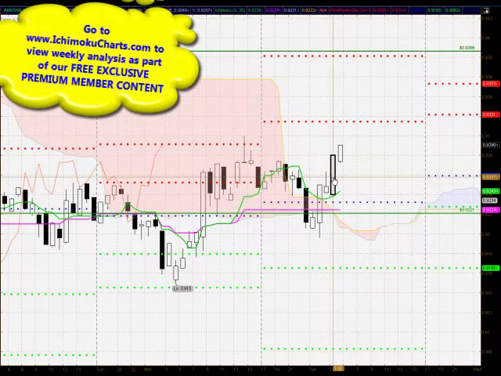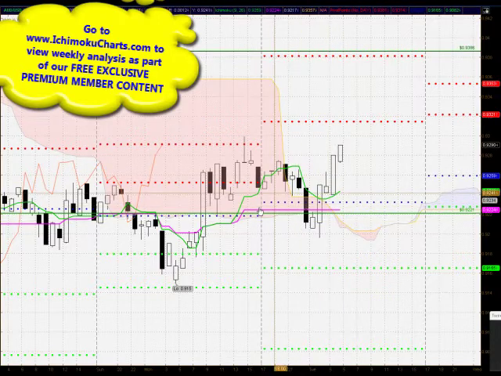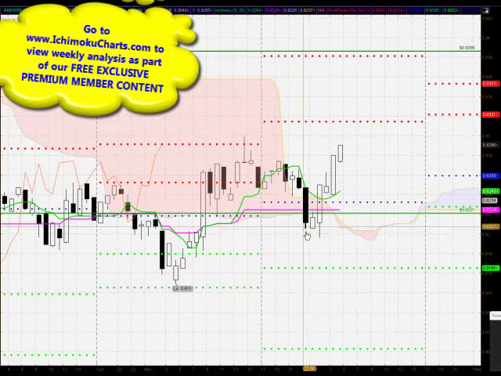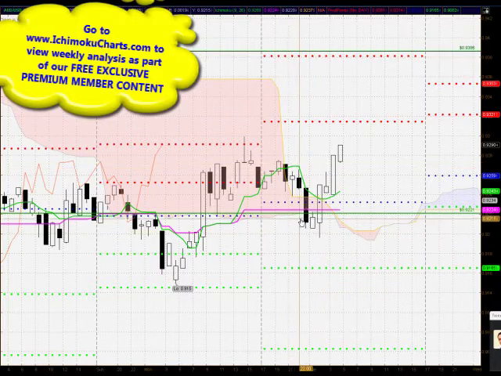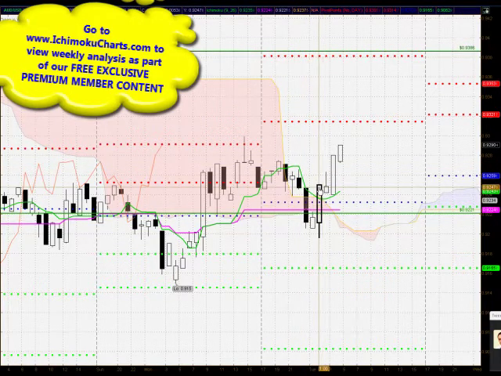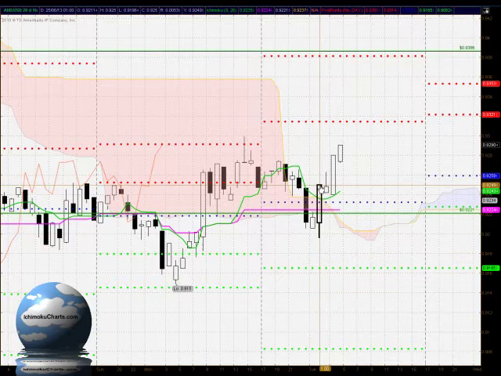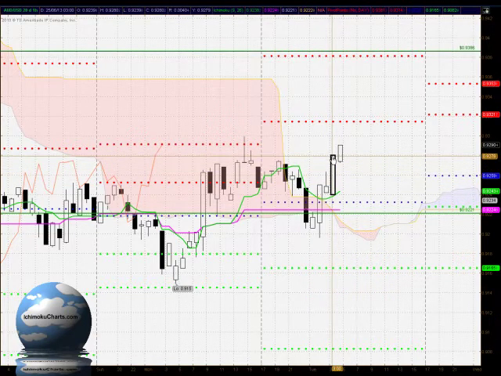Well, a rallying market. Previously we saw the market hovering around the cloud, trading above and then below, giving us some conflicting buy and sell signals. Here we saw a solid bullish breakout up above the cloud with a very strong candle, with the buyers closing in control of this market, and now we've seen some solid follow through.